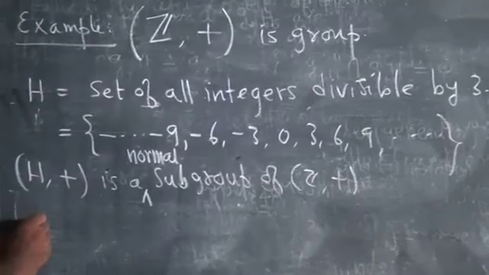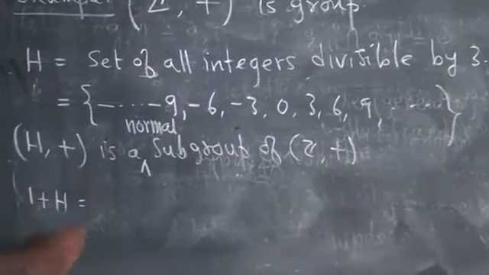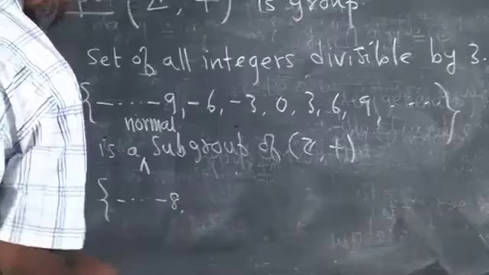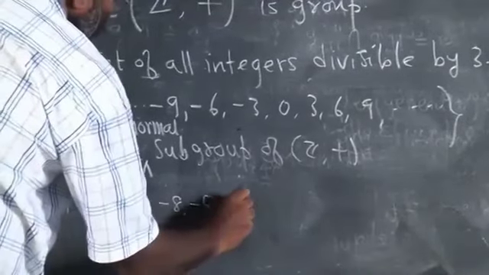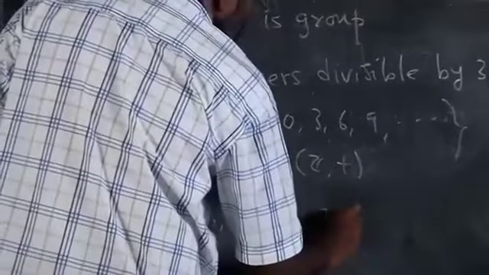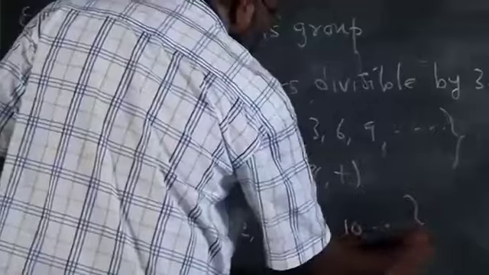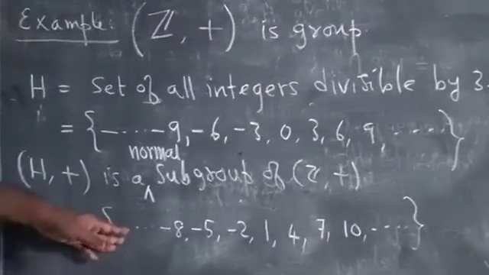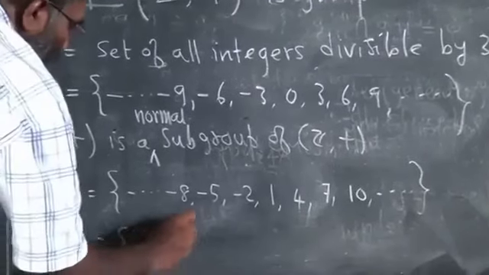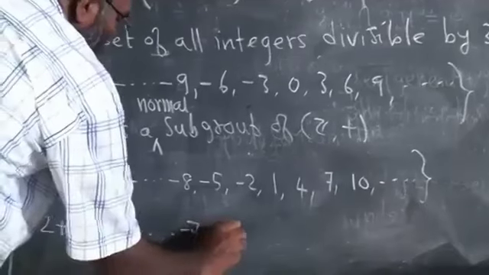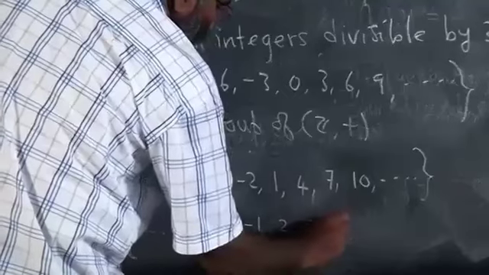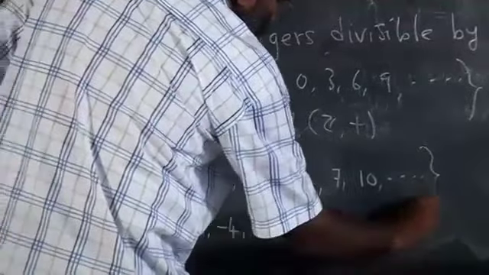So 1 plus H is equal to minus 8, minus 5, minus 2, 1, 4, 7, 10 and so on. This is not a group, but this is a coset. Now let me take 2 plus H. This will be minus 7, minus 4, minus 1, 2, 5, 8, 11 and so on.